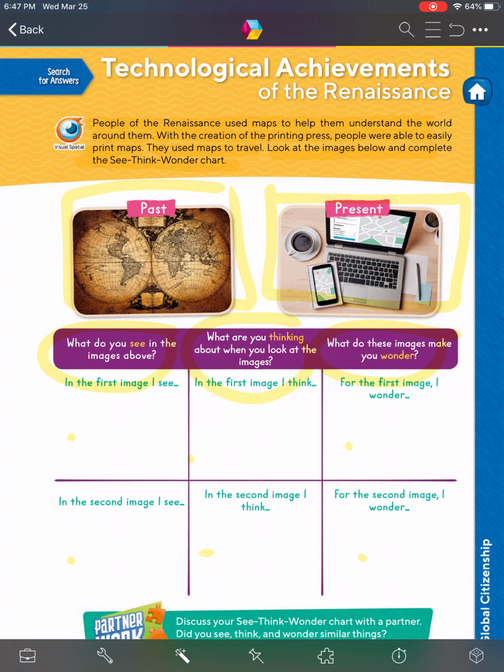So think about how these inventions, how the technology is helping us to go through this situation. Is it helping us? How would it be if we didn't have all of these technological aids? Okay, that's for you to think. See you tomorrow.